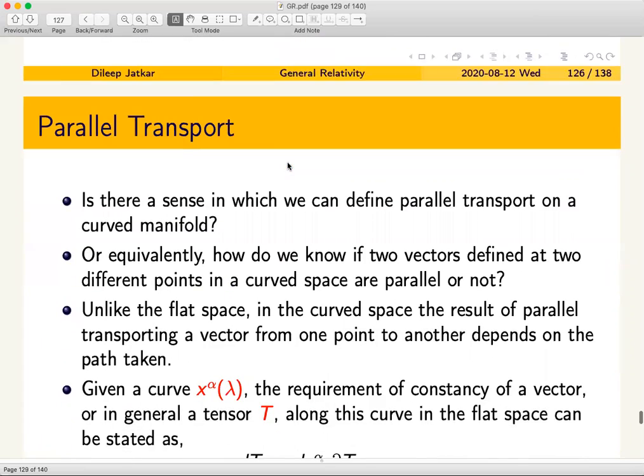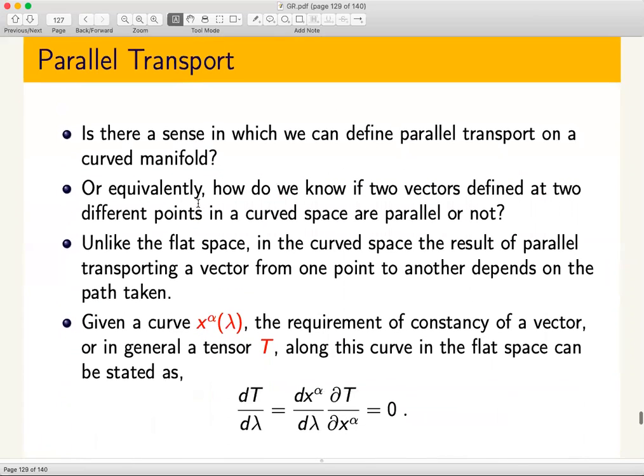So we need to define a notion of constancy of the vector. When you look at a parametric curve, which is parameterized by the value of the parameter lambda, you have a tensor T. You say that the tensor is held constant if, as you change lambda, the tensor doesn't change.